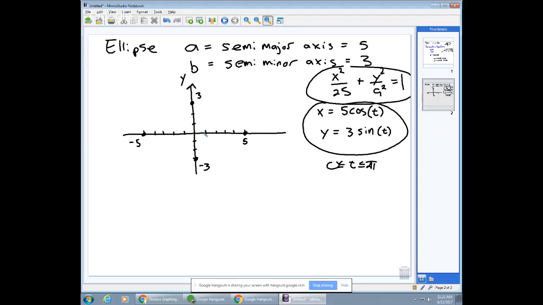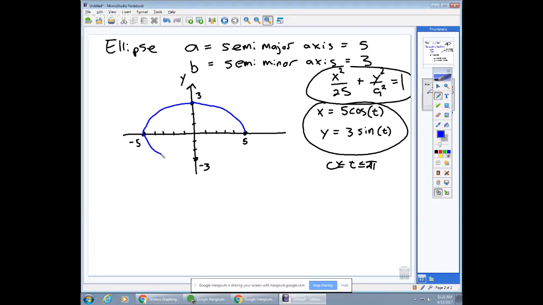The horizontal axis is from -5 to 5, so the horizontal axis actually has a length of 10, right? The value of A is half of that full length, hence we call it semi. Major because it's the bigger of the two, minor because it is the smaller of the two axes. And then my curve, my ellipse, sits in between here, something like this.